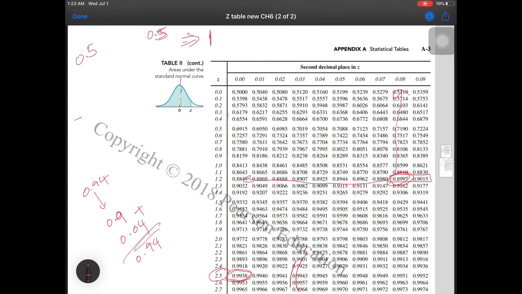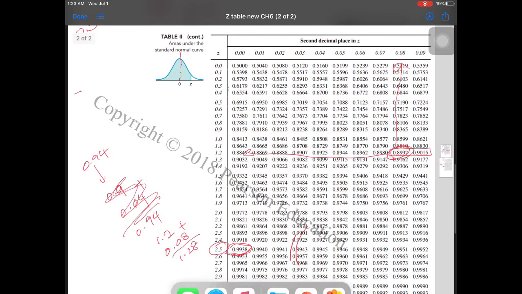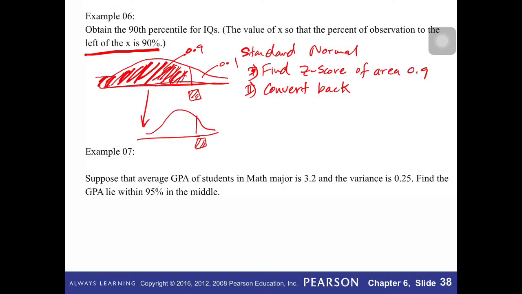The value should be 1.2 plus 0.08, 1.28, right? So the value is 1.28. This is your c score.